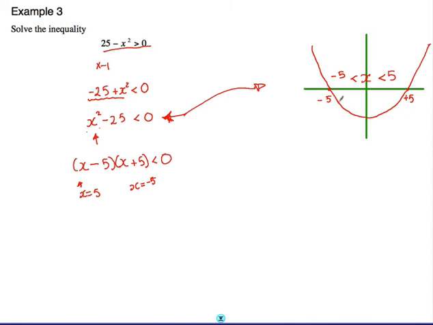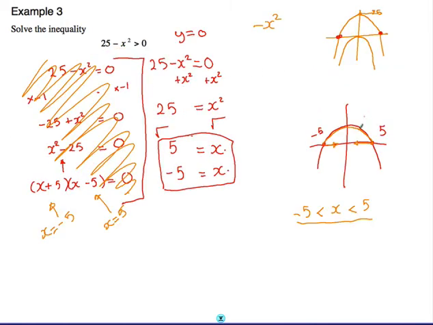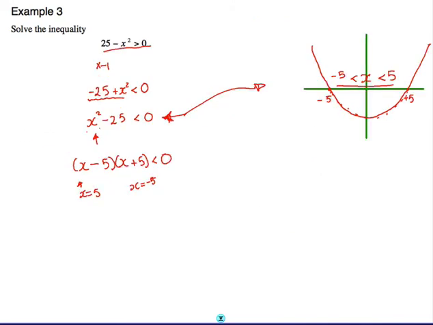That is when the graph, or when y values are less than 0. And if you look, this answer is exactly the same as what we had here. But the graph looks different. But the inequality that we switched around makes sense, and it does well.